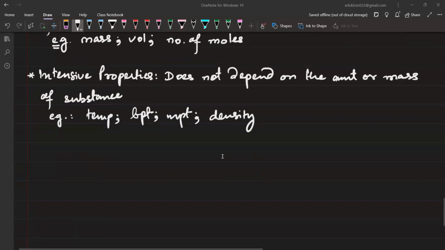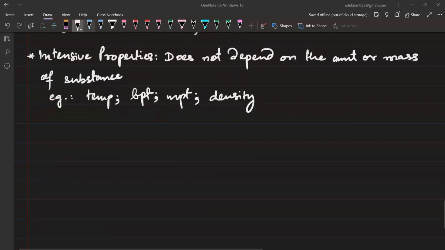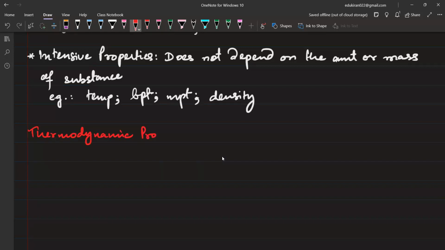Next, the last concept that you have to write is regarding thermodynamic process. What is a thermodynamic process?